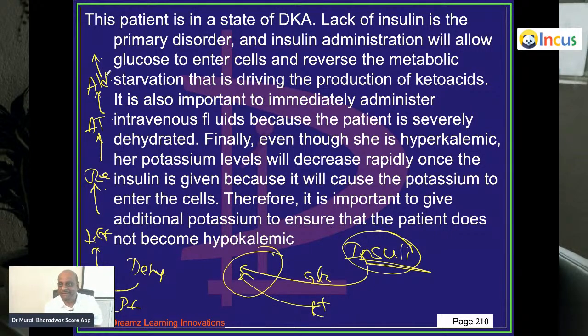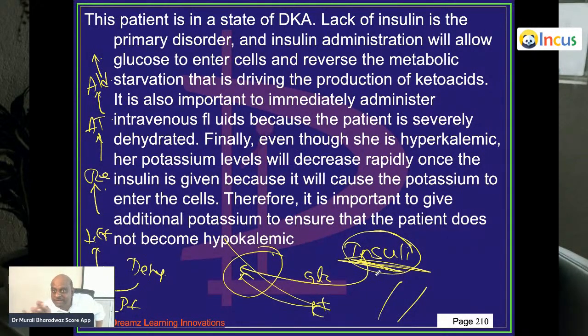Inside the cell. But because of the insulin deficiency, potassium can't go into the cell. It remains in plasma. So though the total potassium is diminished, the leftover potassium, instead of being inside the cell, is staying in the plasma. So when a patient of DKA comes to you, his serum potassium level typically may be normal.